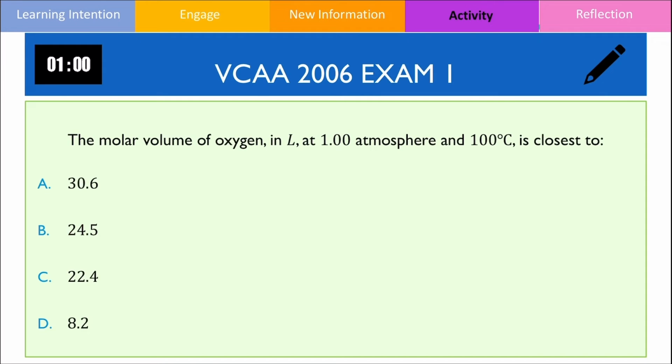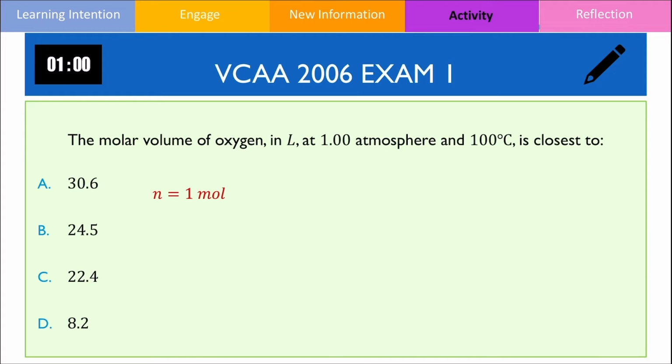Calculate the molar volume of oxygen gas at 1.0 atmospheric pressure and 100 degrees Celsius. We define the molar volume as the volume of gas occupied by 1 mole of substance at a certain pressure and temperature. Therefore, the value of n in this question should be equal to 1. In this question, we need to convert both pressure and temperature to the appropriate units.